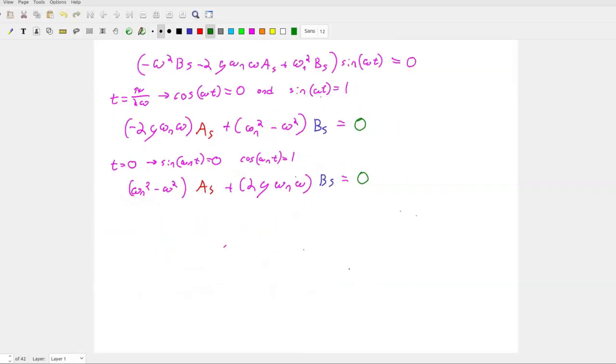This gives me a nice system of equations, and we all know how to solve a system of equations.